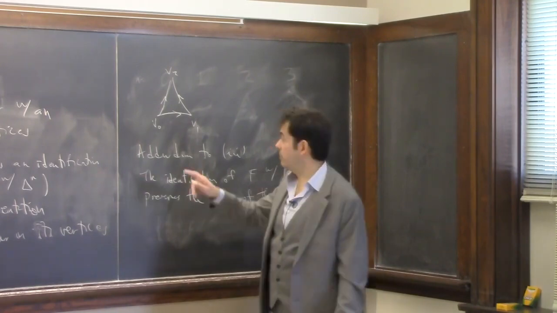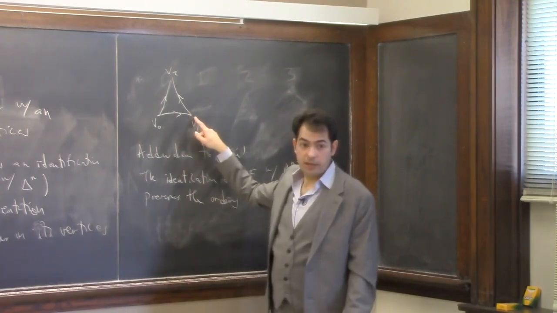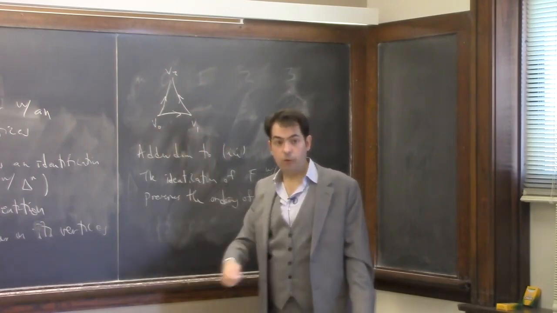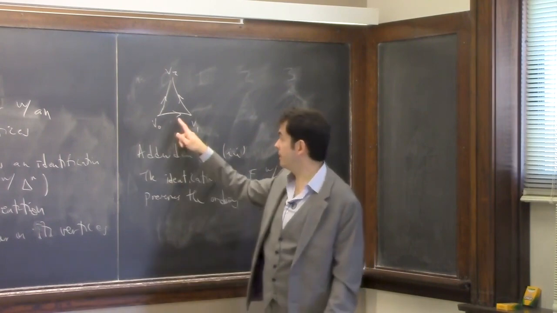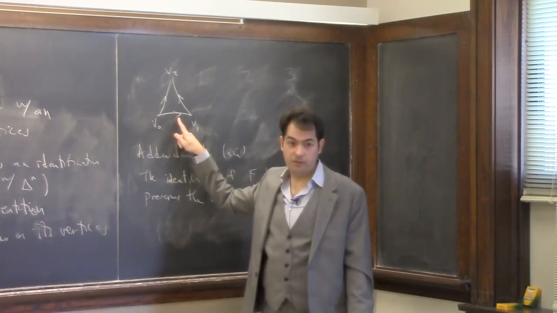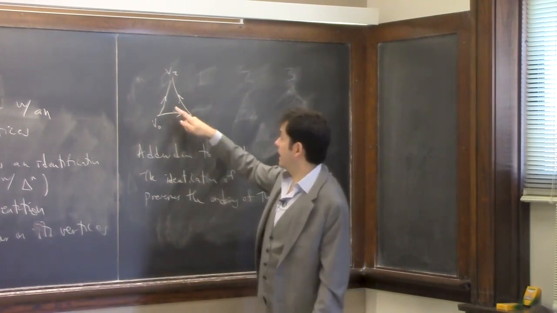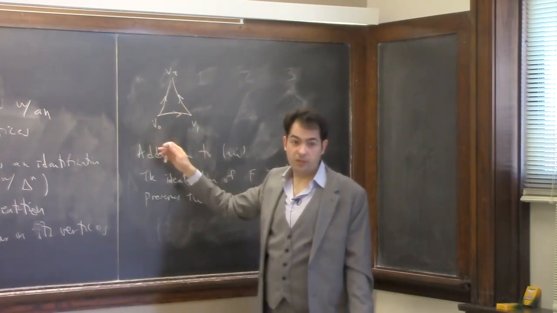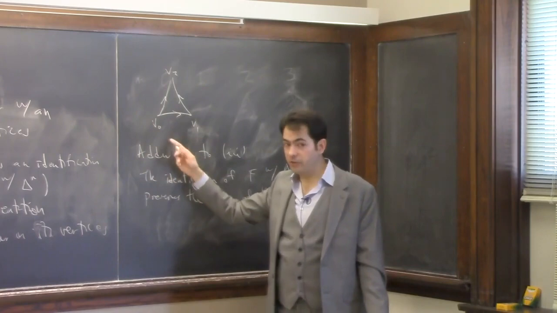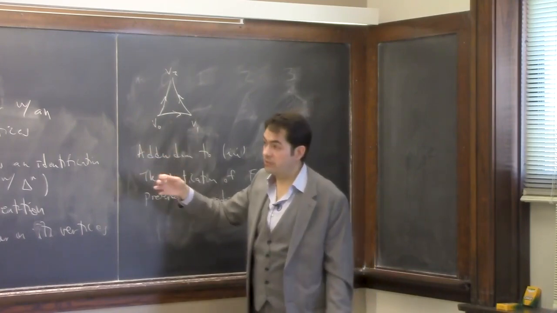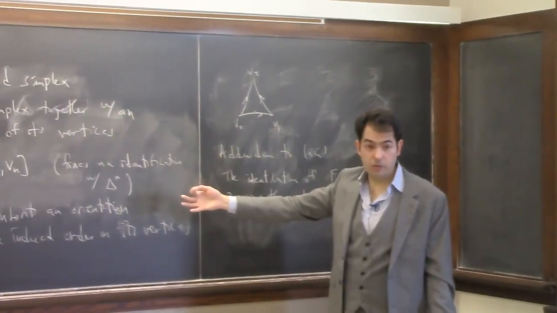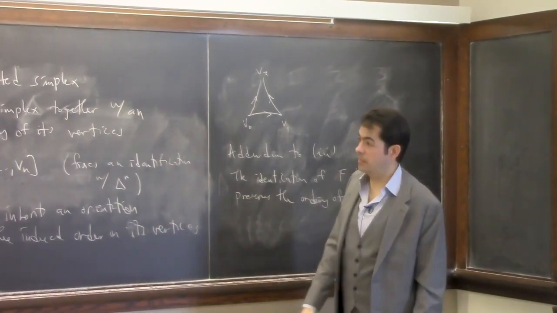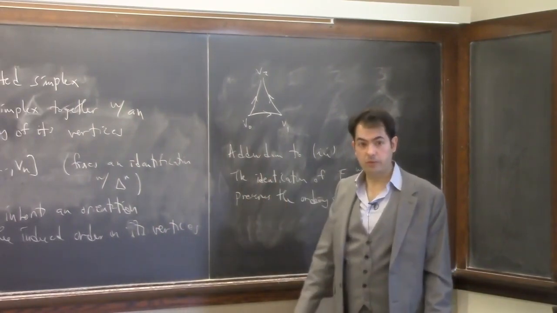That means every time I look at an edge, one of the vertices is less than the other one in that order, so that tells me which way the edge gets oriented. So this is the picture, you don't have a cycle. If you like, it's because the orientation on the standard triangle doesn't have a cycle, so when you map it into X, it can't get a cycle. The maps have to be consistent with the orientations.